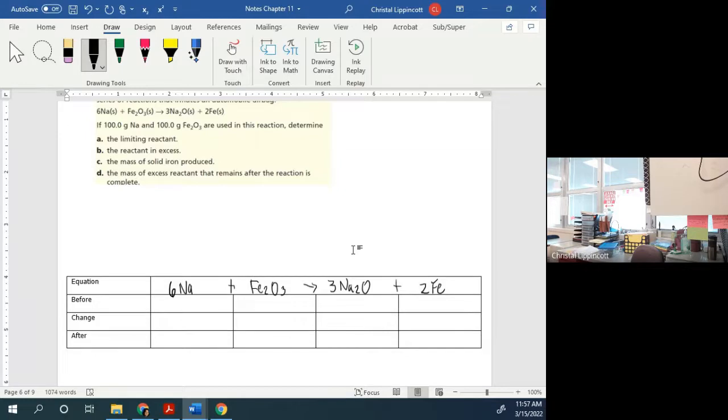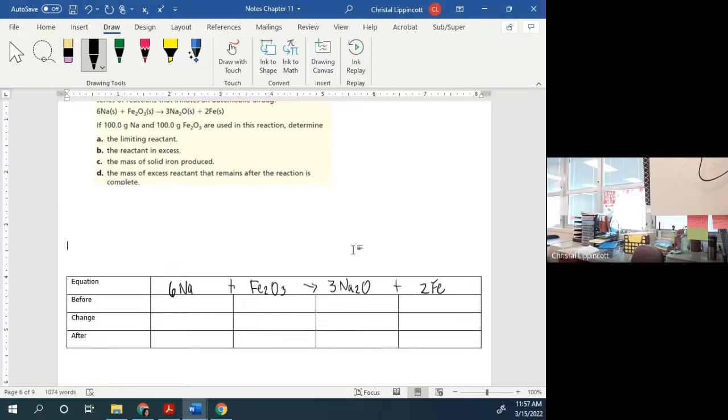I'm going to start with 100. Find the molar mass of that, right here for sodium. Divide that by the molar mass for sodium. So you need to find the molar mass for sodium. It's right here. It's 23. What did you get for 100 divided by 23?